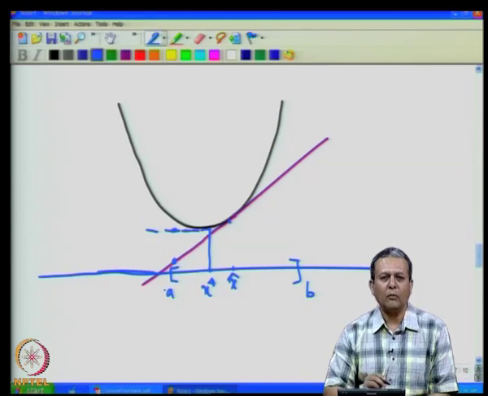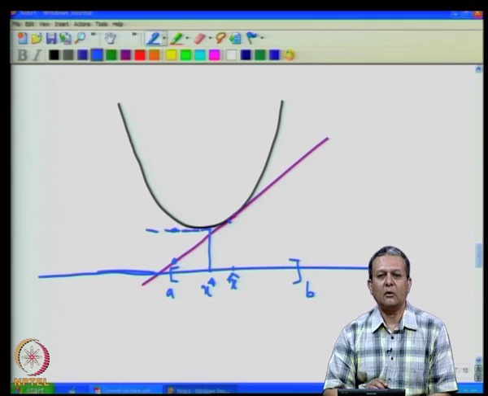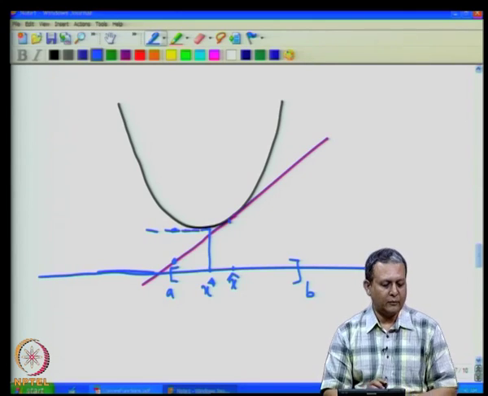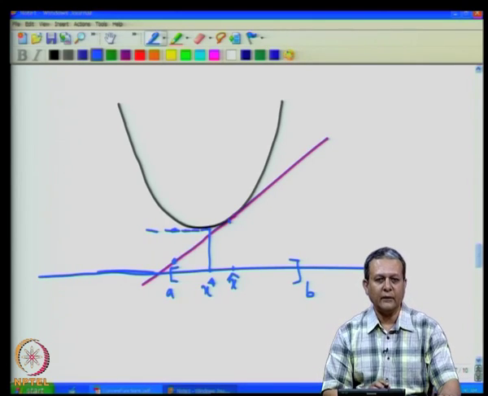Now, this lower bound may be a crude bound, but nevertheless it gives us some idea about the optimal objective function value. It gives an idea about the bound on the optimal objective function value.